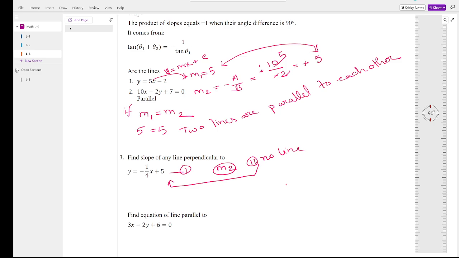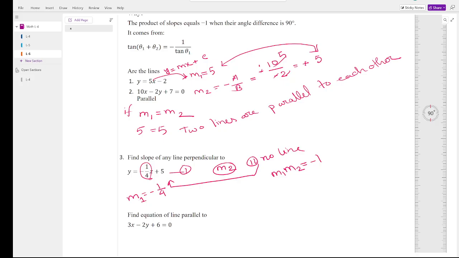We know that when two lines are perpendicular, the product of slopes m1 m2 equals -1. In this line, what is the slope? Check the coefficient of x. That means m equals -1 by 4 for this line.